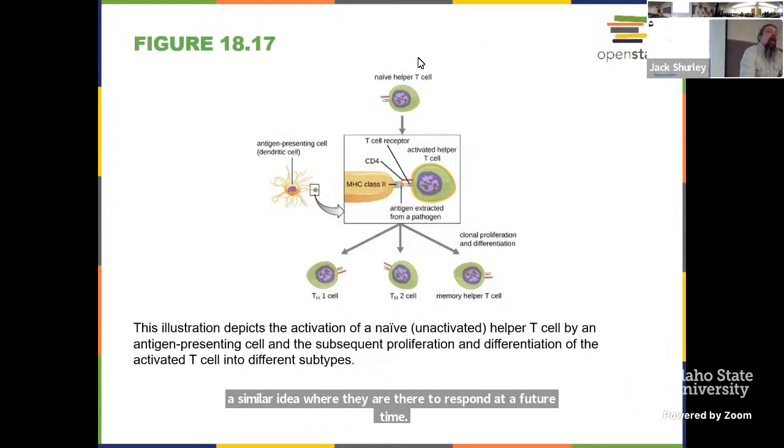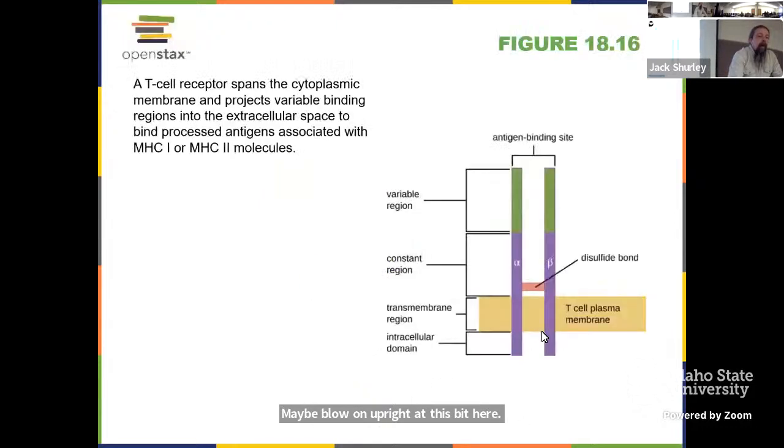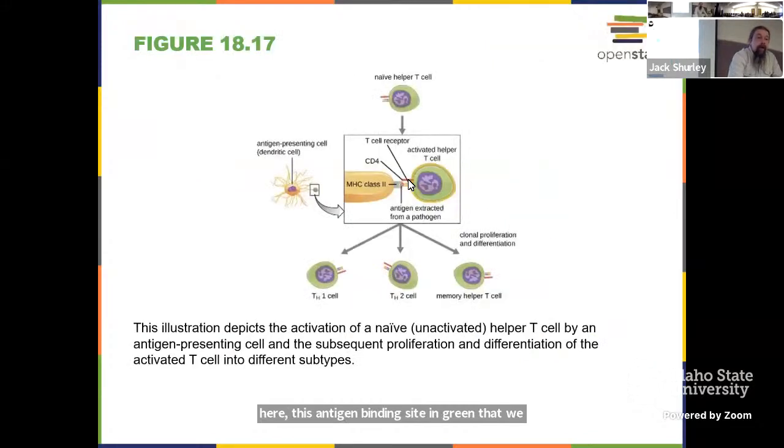So as it gets activated, that's this box right here, all right? And I think maybe we've got another image that shows some more of this, blowing up right at this bit here. This antigen binding site in green that we see on our T cell, that's right in here, all right?